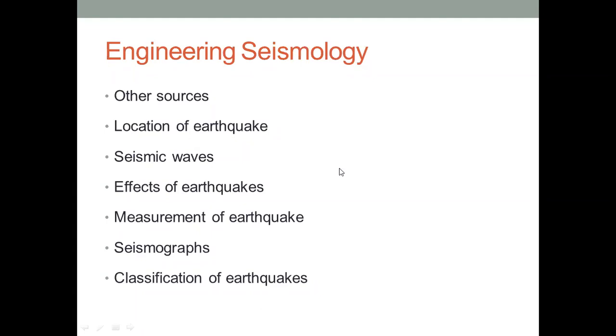So three parameters will be recorded during an earthquake: one is the displacement of the plate or the ground, the velocity of that movement, and of course the acceleration of that movement.